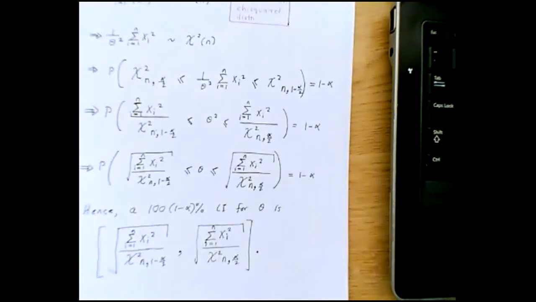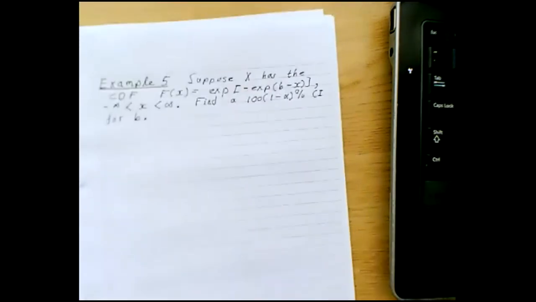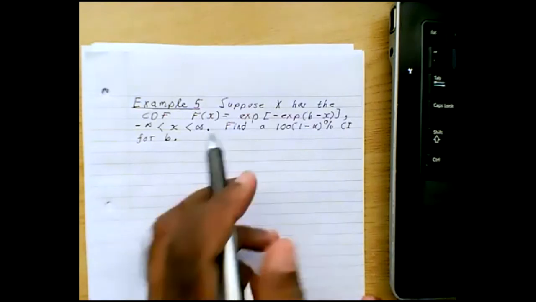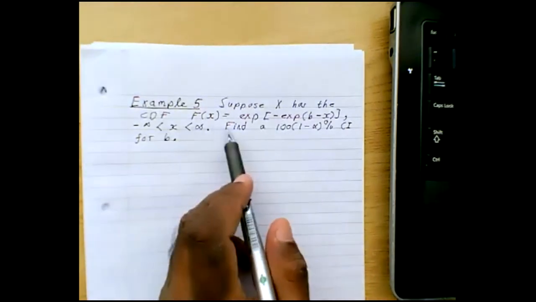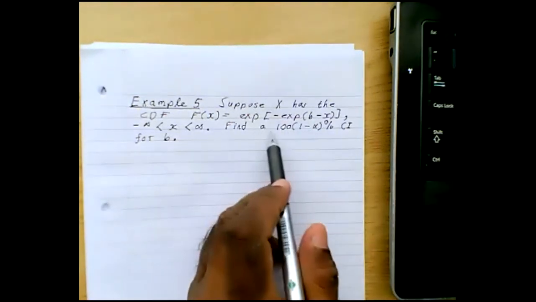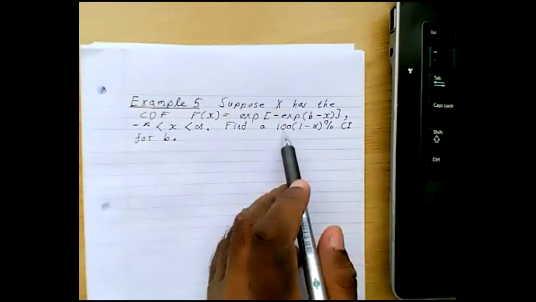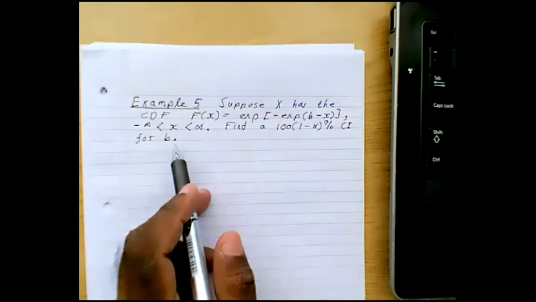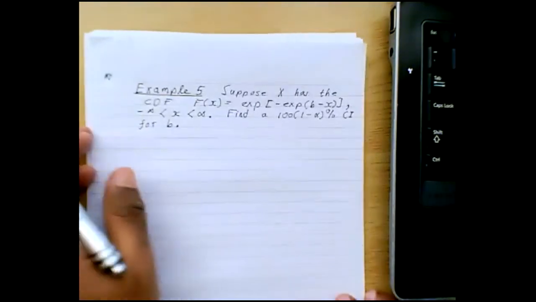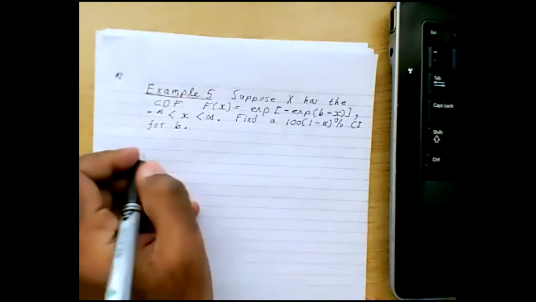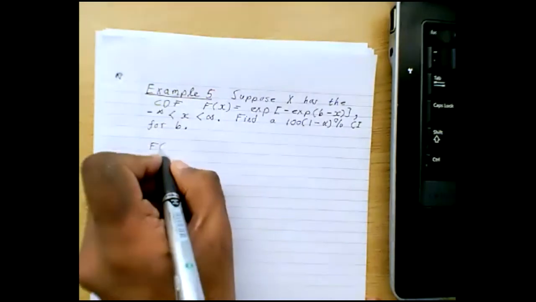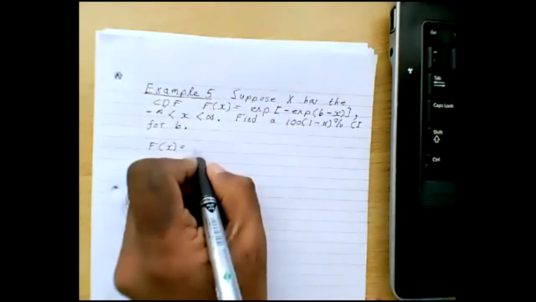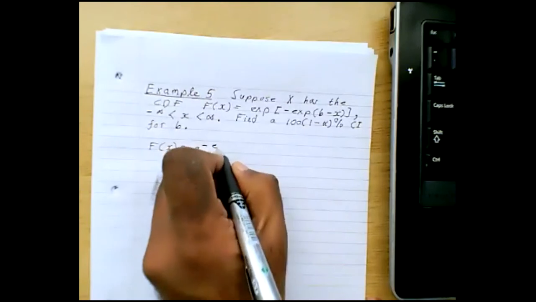The next example I'm going to do is example 5, which is this one. So here you have a variable x that has a CDF given by this. And the question is to find the confidence interval for b, right? So to do this question, this is probably the last question I have the time to do.